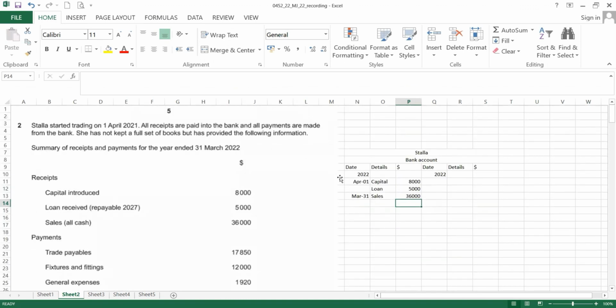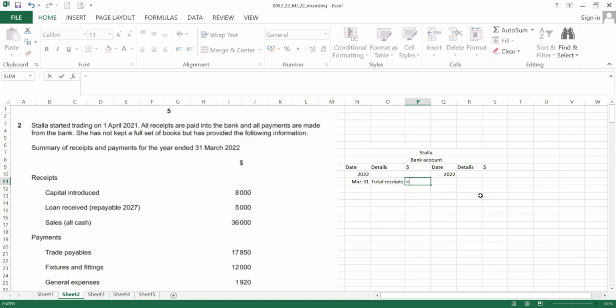So there is a slight difference here. They ask to put total, so we need to change it, because the question is asking for total receipt. Record total receipt. That means here debit 8,000 plus 5,000 plus 36,000.